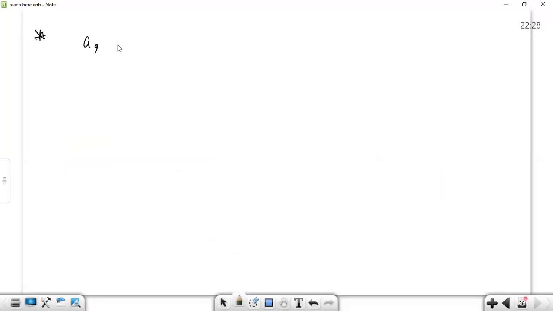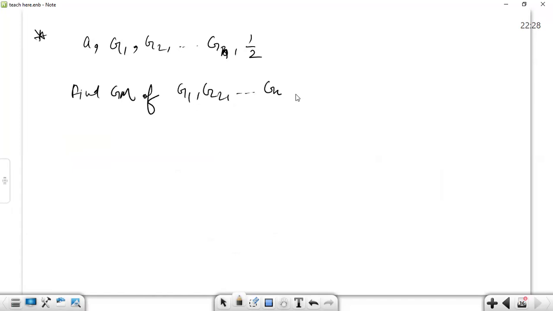First of all, the given GP is 1 by A, A, G1 till Gn. Now find the geometric mean of G1, G2 till Gn. Using the earlier formulas itself, you will be able to find it out. Try.